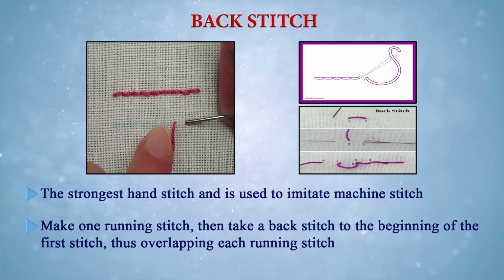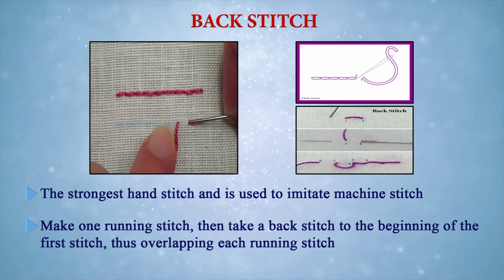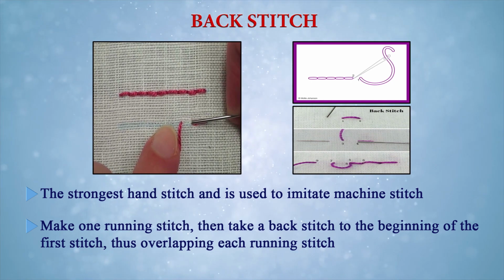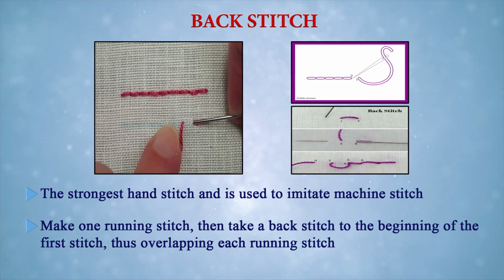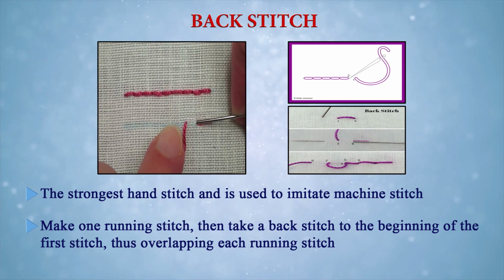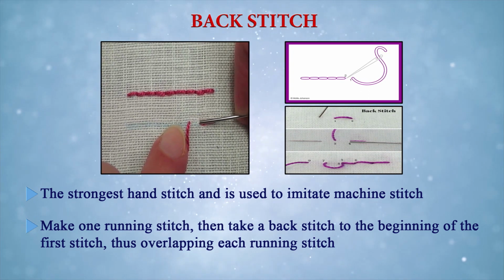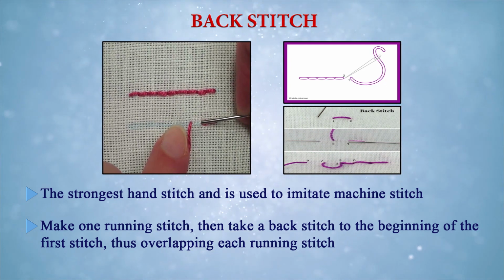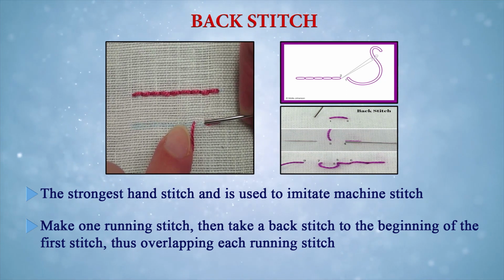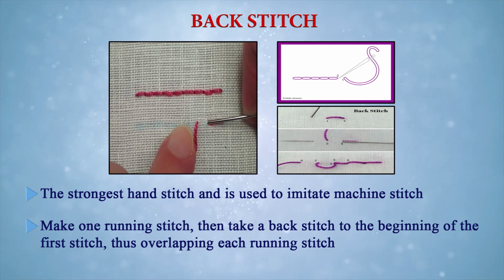Then take a stitch back to the beginning of the first stitch, overlapping it, and continue in the same pattern. Like in the picture, we insert the needle into the fabric, make one running stitch, and then overlap the first running stitch, creating a similar pattern.